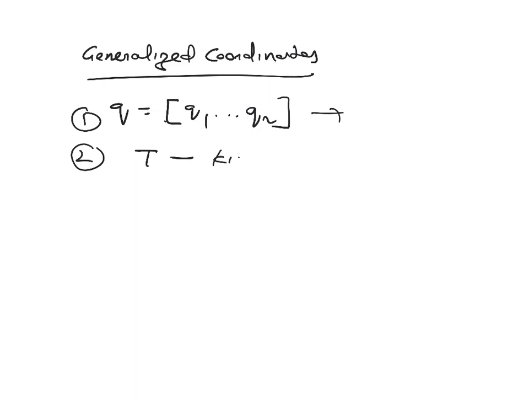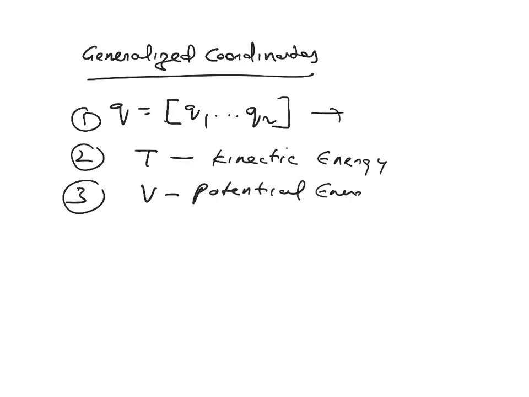So that's kinetic energy, okay? And the third is potential energy. So you also come up with the total potential energy of the system, okay? And then we define our Lagrange's function.